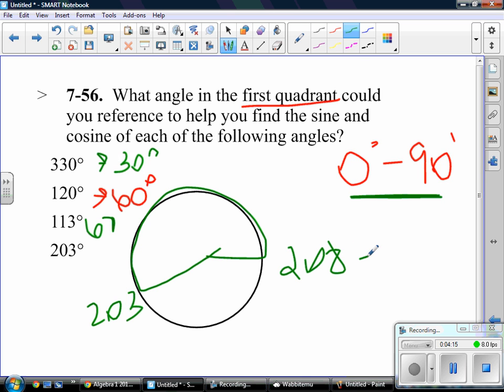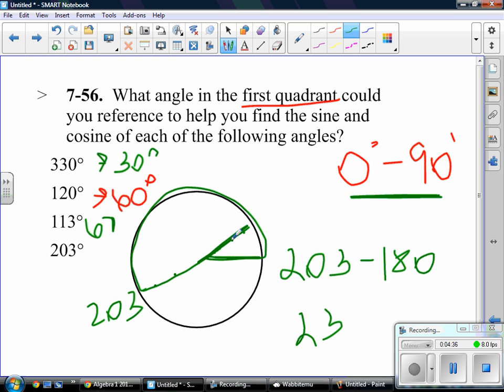Whoops, that's a 3. That should be a 3 right here. So I want 203 degrees minus 180. I want to know how many degrees past 180 I went. So if I subtract those, I'm going to get 23 degrees. So if I go right across here, right across there, this would give me my 23 degrees that I could use as my reference angle.